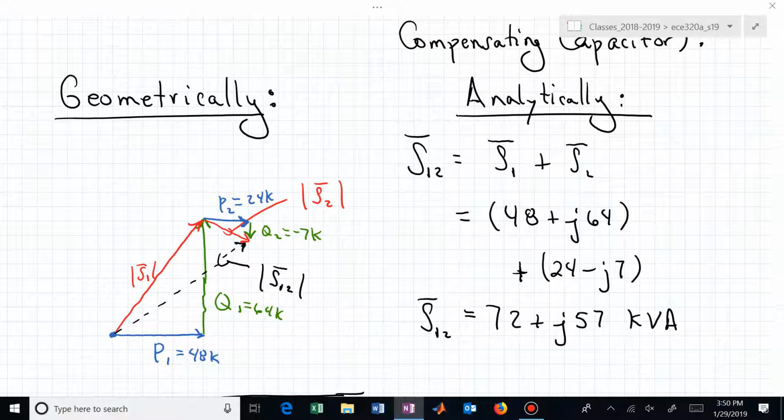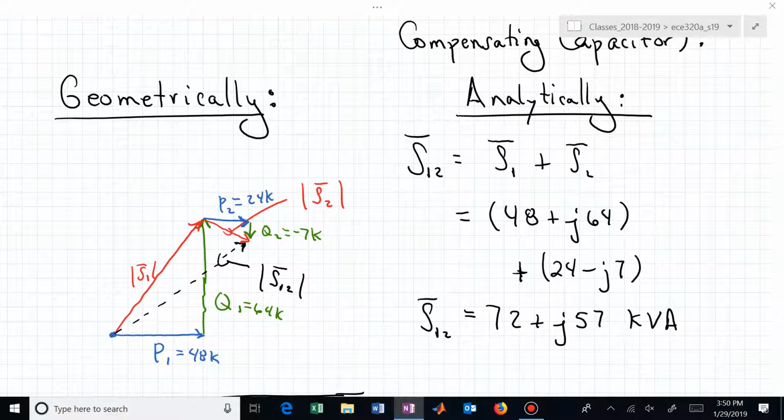And is the net load that the source is seeing inductive or capacitive for this example? Wow, this one's easy, right? Take out a coin and flip it if you don't even know. You've got a 50-50 chance. And hopefully you don't have to use that coin.